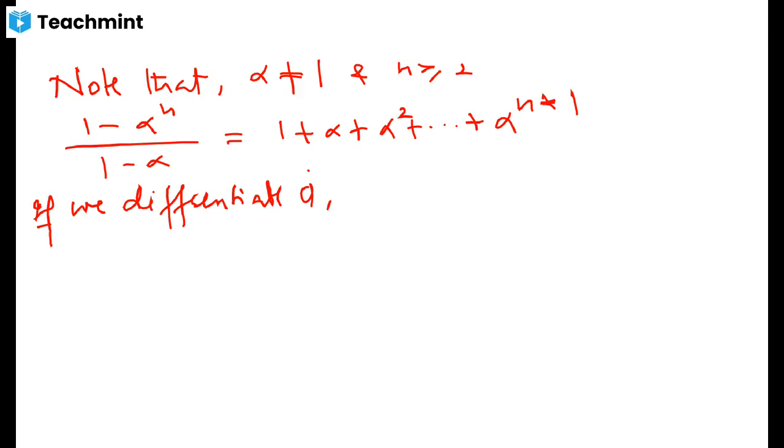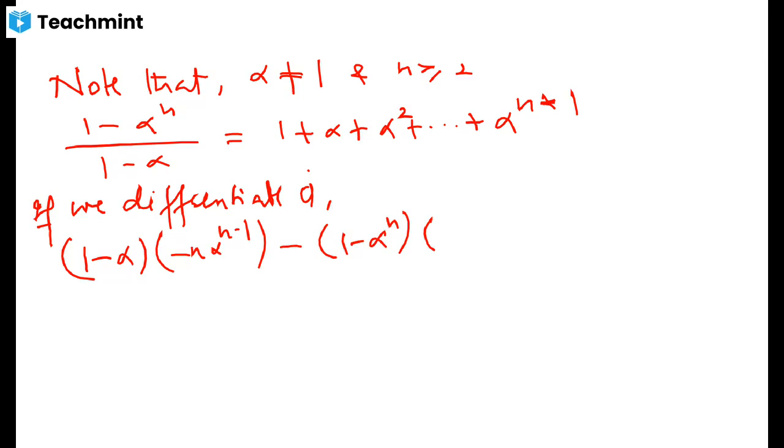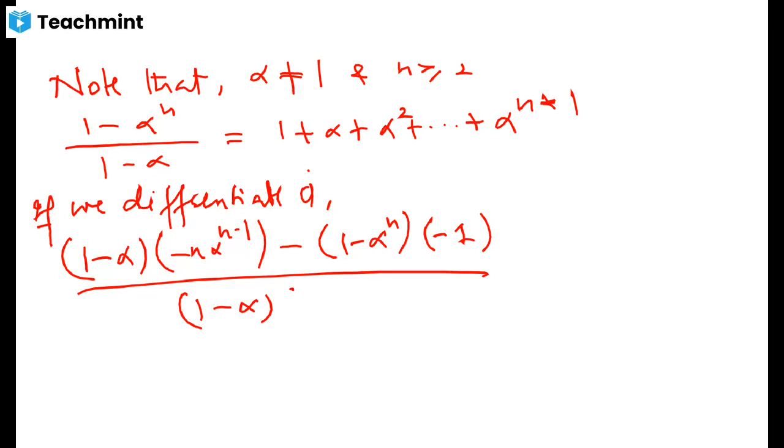The quotient rule gives: 1 minus alpha into minus n alpha to power n minus 1, minus 1 minus alpha to power n into the differentiation of 1 minus alpha with respect to alpha, which is minus 1. The denominator is 1 minus alpha square. This is the left hand side.